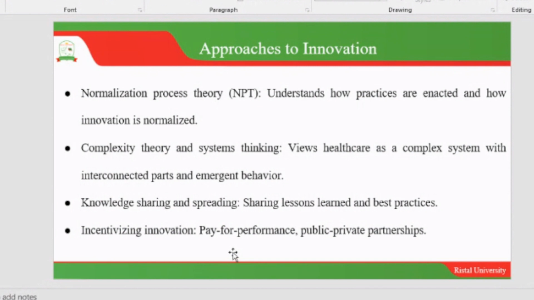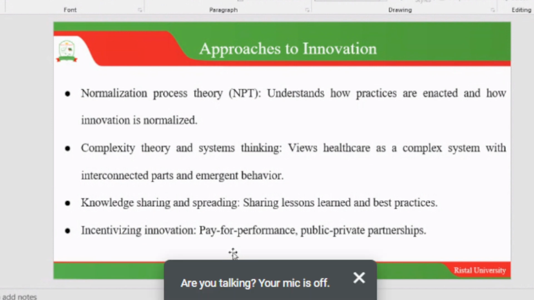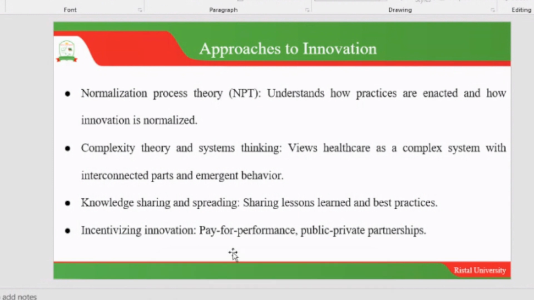So in this case, we want to ask a few questions, like the question of: do participants have a shared sense of its purpose, the innovation that you are bringing? Do all participants believe that it is important or not in the normalization process theory?